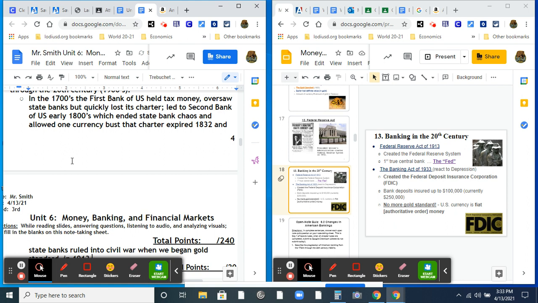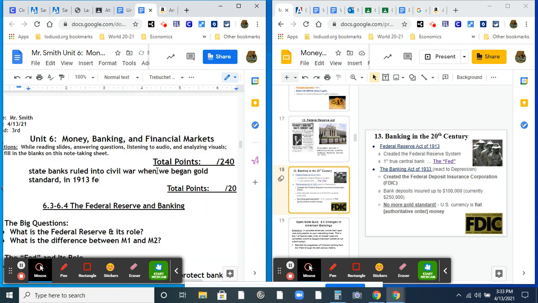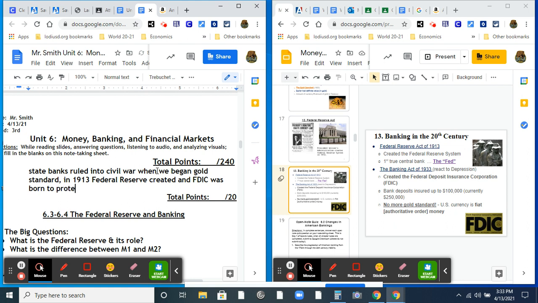In 1913, the Federal Reserve System was created, and the FDIC was born to protect depositors after the Great Depression.